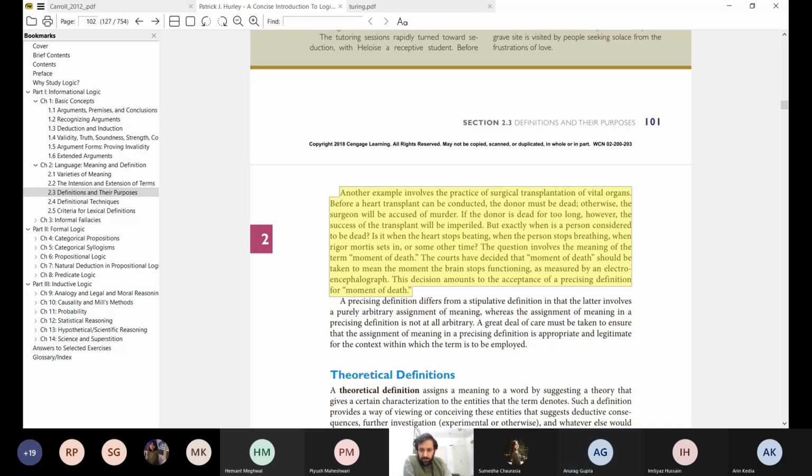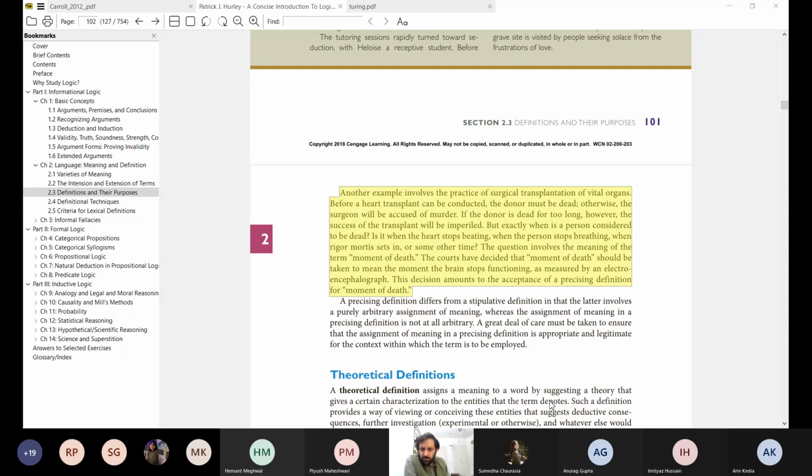Okay, so just pause there. What's important to see is that this term, the moment of death, is being given one precising definition in this very specific legal context. In fact, not just legal context, but a legal context for the purposes of deciding issues of transplantation.